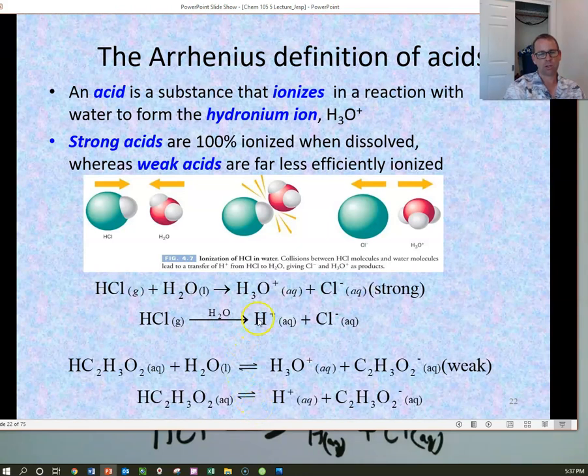So compared to HCl, which is a strong acid, you put HCl into water, and because it's a strong acid, that means that it completely dissociates. 100% of the HCl separates into its ions. So strong acid doesn't mean it'll hurt your eyes, it just means that it's completely dissociated when it's in water. A weak acid doesn't completely dissociate, it only dissociates some of the molecules at a time.